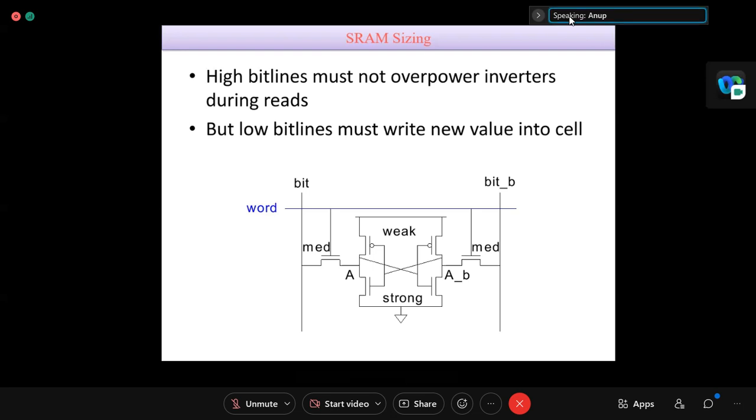Similarly, the left side PMOS and right side lower NMOS are making another inverter. So how can we control their linear part and saturation part? That is an issue, and I hope you remember the voltage transfer characteristics.